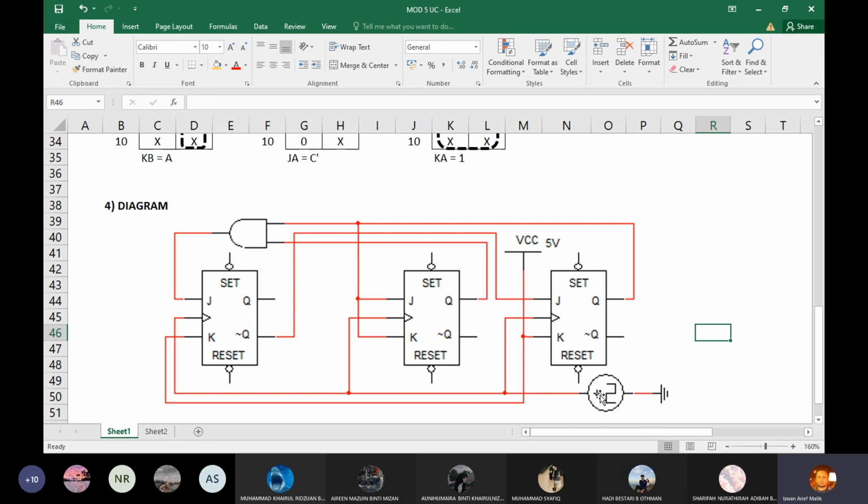So this is your clock input. Saya connectkan kepada setiap input of the clock. So they are having the same clock source.